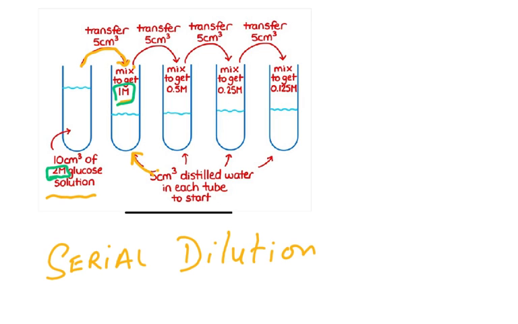Now this is 1, and then from 1 it is 0.5, then it is 0.25 and then it is 0.125. So 5 cm of one goes into the other, and then 5 from here goes into the other, and then you add another 5 of distilled water to it, then 5 from here. So serial means that you do it in a series of test tubes. So about 5 test tubes are lying there, and you take from one and put it into the next, and then from that you take it to the next and next to the next. So from A to B, B to C, C to D, D to E. So this is called serial dilution.